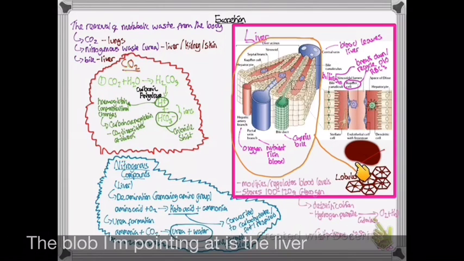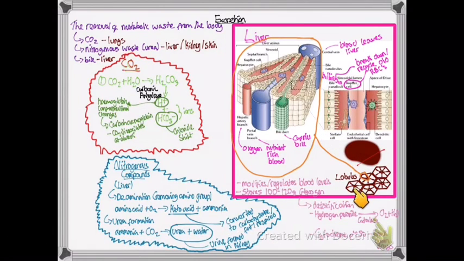If we took that cross section and then looked down on it, we'd see these lobules. They're sort of hexagonal shaped, and in the centre they've got this central vein, and they've got lots of different sections to them called acini.